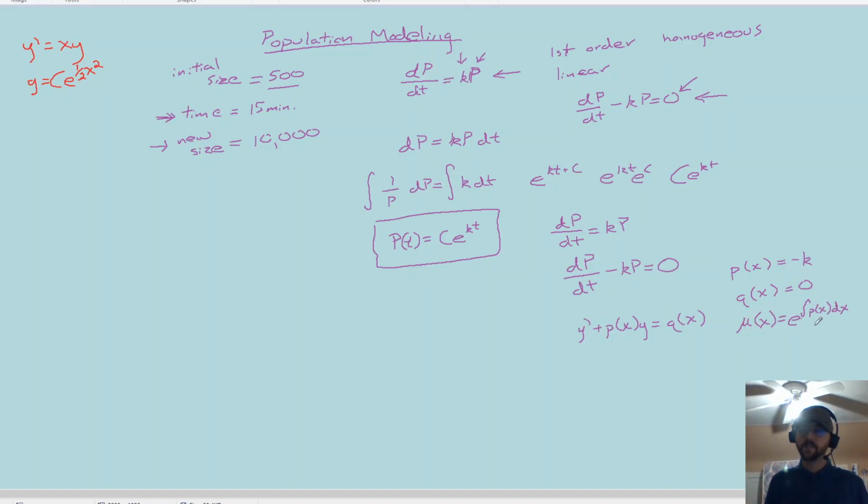So this is what you're going to use for your integrating factor for this particular problem. I have enough space to write it one more time. So mu of x in this case will equal e to the integral of p of x, here negative k. And it's not actually p of x, it should be p of t, so it's going to be dt, which equals e to the negative kt.